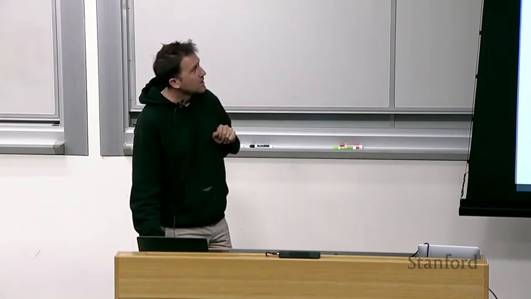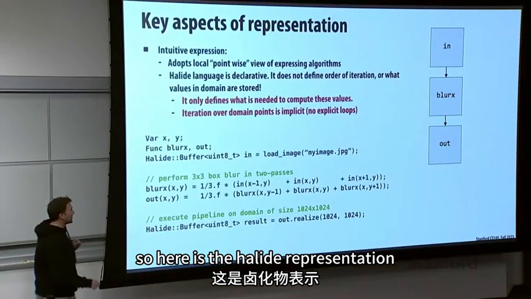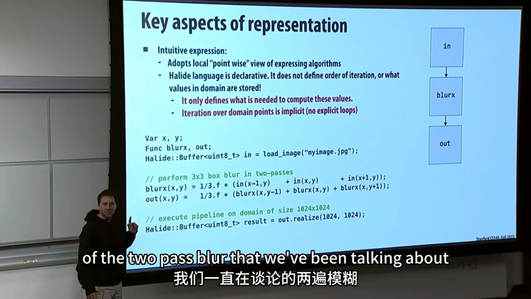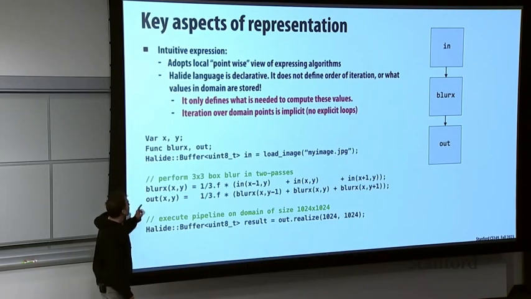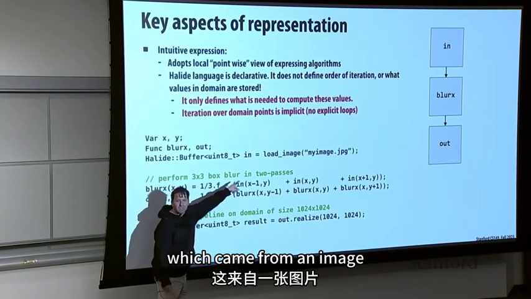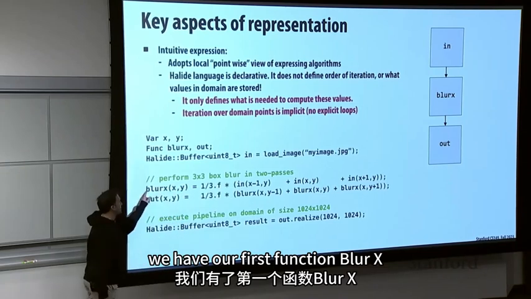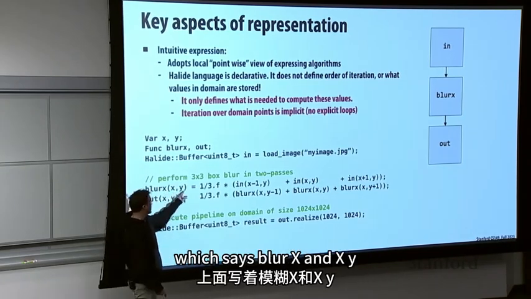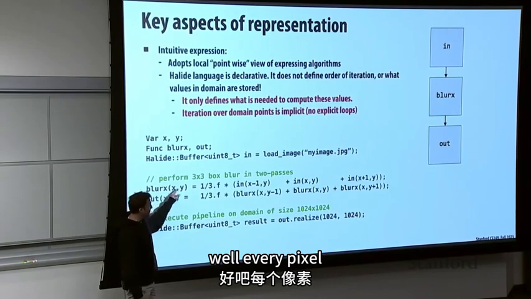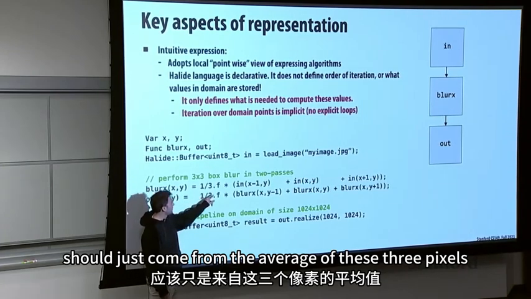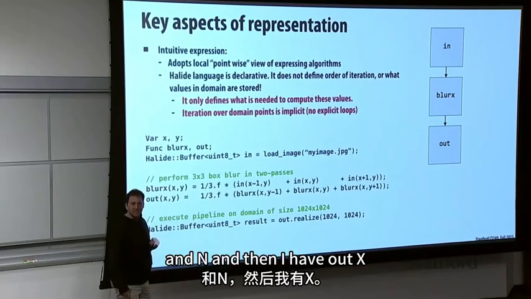Okay. So here is the Halide representation of the two-pass blur that we've been talking about. We have an input, which came from an image. We have our first function, blur x, which says blur x at xy: every pixel should just come from the average of these 3 pixels in.